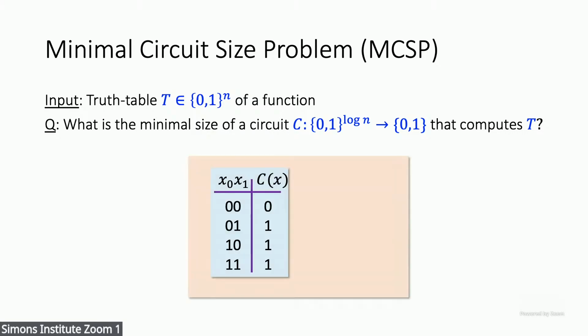For example, if we have this truth table, we can represent it by the string 0, 1, 1, 1. In this case, this string represents the OR function. And we ask what is the minimal size of a circuit that computes this function. In this case, this is just the OR function, and the answer is 1. So this is the minimal circuit size problem.